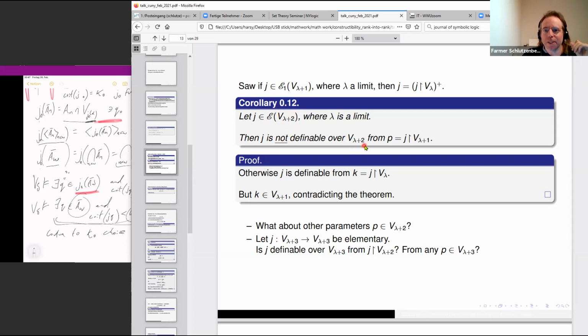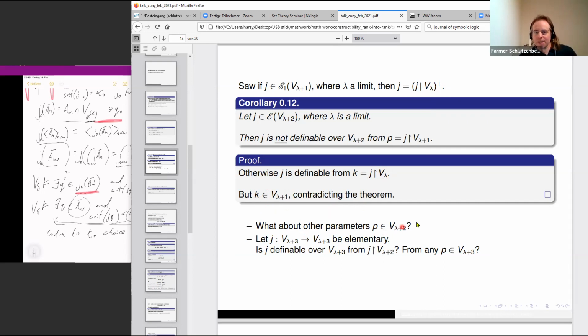Then J is not definable over V lambda plus 2 from this restriction. Because if it was, then J is actually definable from the smaller parameter, J restricted to V lambda, because we know that we can recover J restricted to V lambda plus 1 as the canonical extension. But we just saw that this thing here is in V lambda plus 1. So think about the theorem in the case that alpha is lambda plus 1 and delta is lambda plus 2. We've now defined the full map from this parameter, which is too small according to the theorem. So something changes between lambda plus 1 and lambda plus 2.